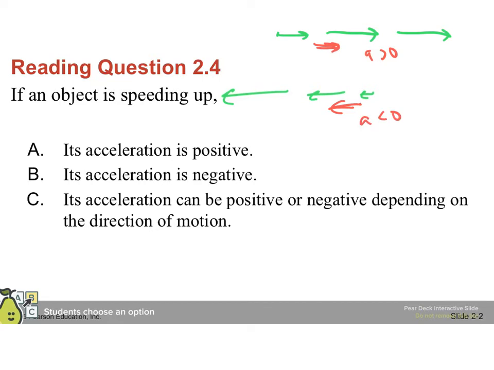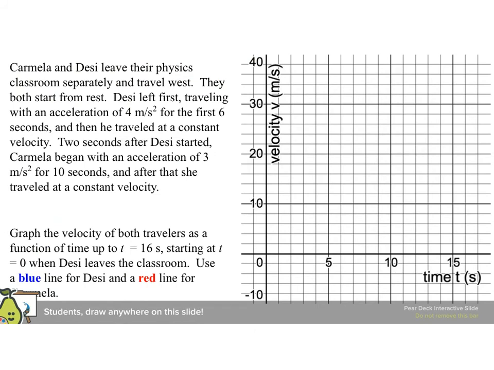This is of course assuming that we take our standard axes, that plus x points to the right. So we see that it ends up depending on whether the object itself is moving left or right, so it could be either based on that.